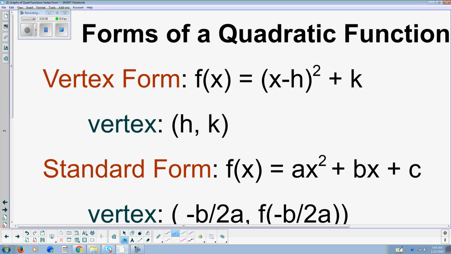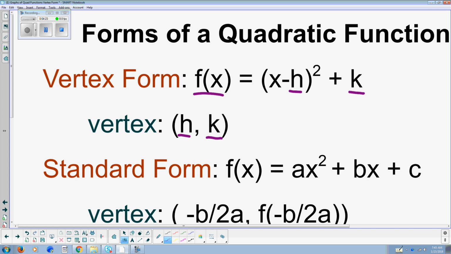So you'll see that in vertex form, we see our function notation. We have parentheses, x minus h squared plus k. Our vertex can be found, this is called vertex form, because the vertex can be found by looking right at the form that's given. This h and k are the coordinates, the x-coordinate and y-coordinate of the vertex of the quadratic function.